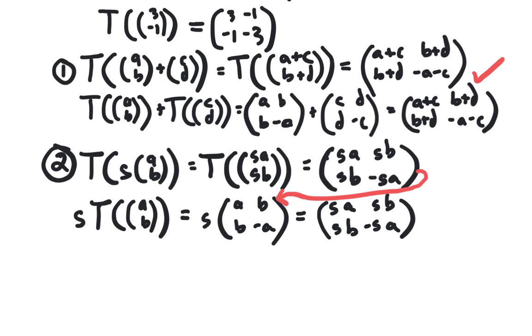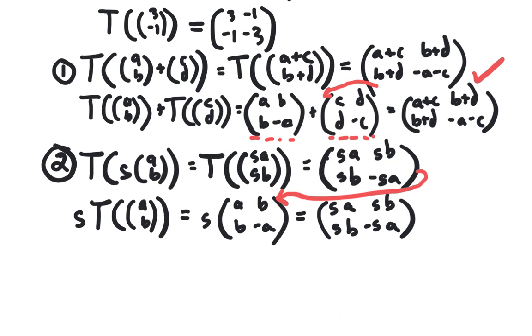We could have gone from here, and we could have noticed that it is indeed these two matrices added together here. And then notice that that is just the transformation of AB plus the transformation of CD. Both things are literally the same work. It's just two different ways of writing it.